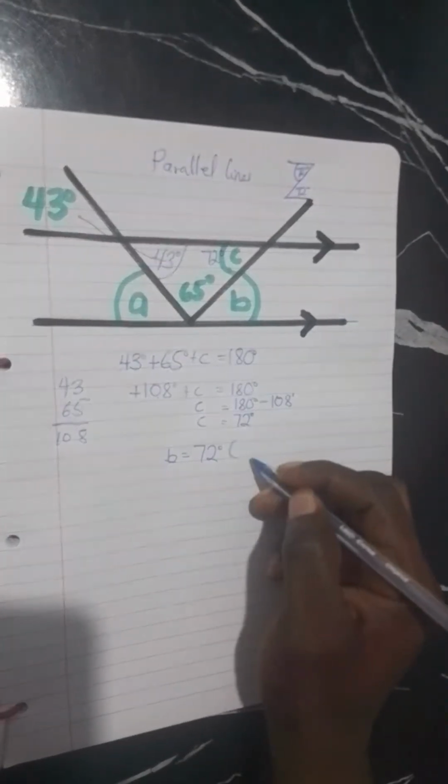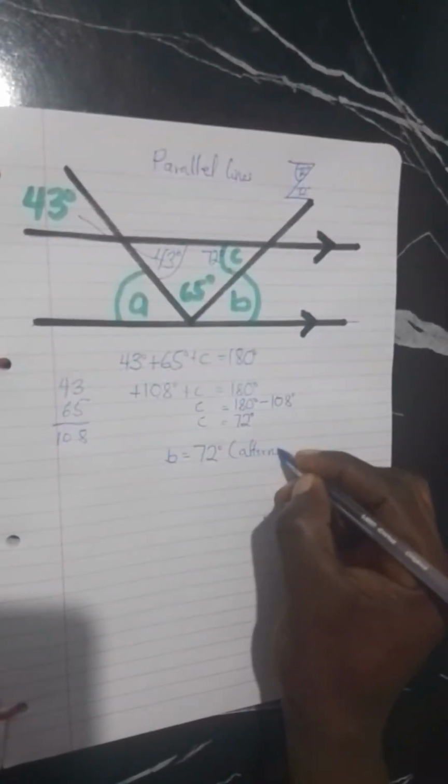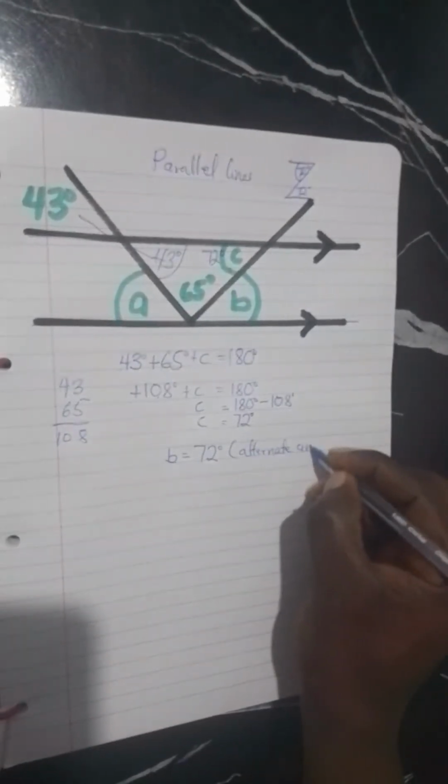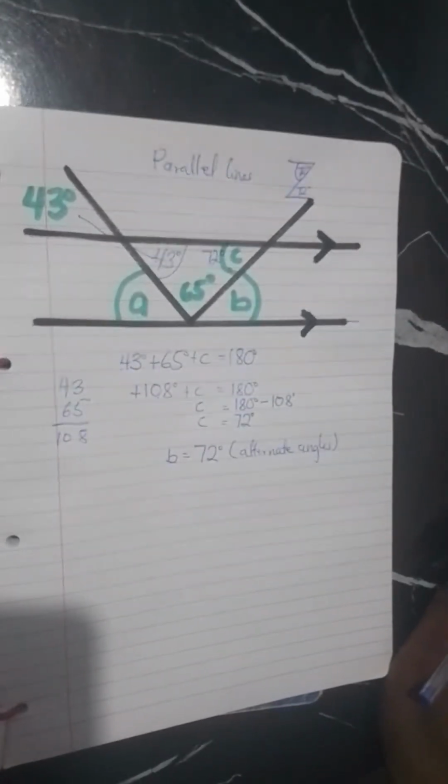Then you write beside it alternate angles. If you don't write beside it, that becomes what?